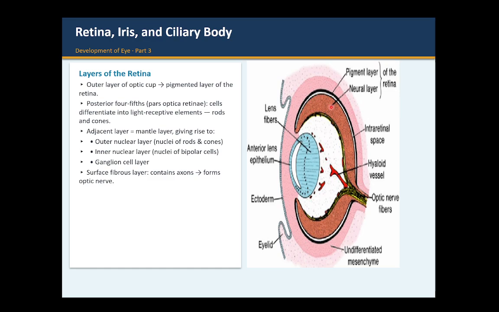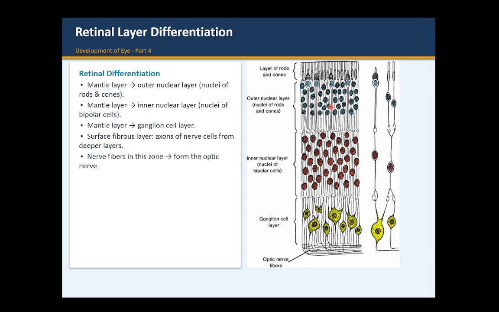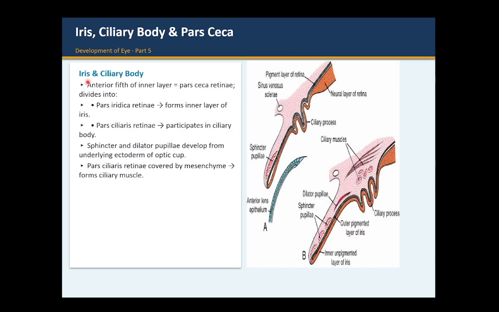There's also the continuation of this cup forward, and that anterior 1/5 of the cup is going to give rise to some other parts. The anterior 1/5 of the inner layer forms the pars ceca retinae, which divides into pars iridica retinae, forming the inner layer of the iris, and pars ciliaris retinae, which participates in the formation of the ciliary body.